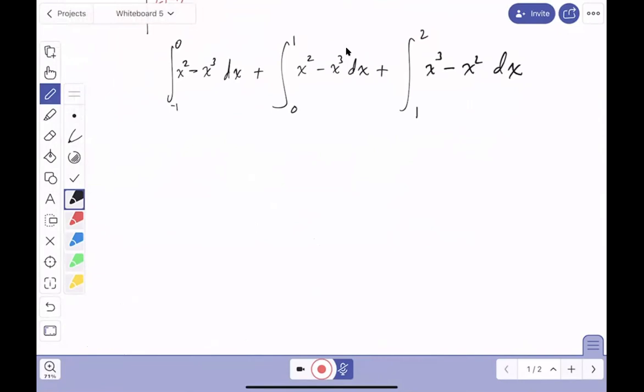Now that's our integrations, and let's see if we can do it. And again, I know it looks tough. I really do. We got to do it though. And I'm going to do it one step at a time.